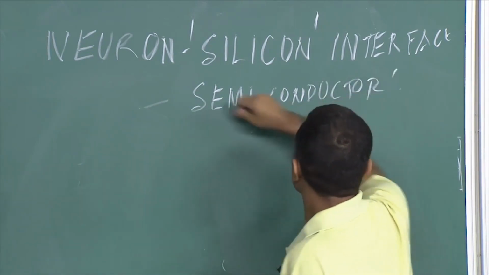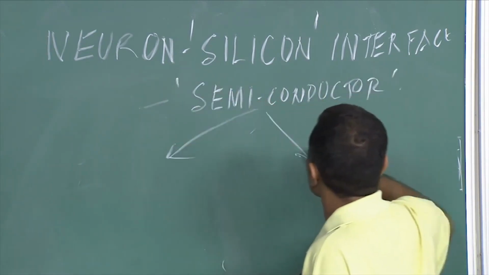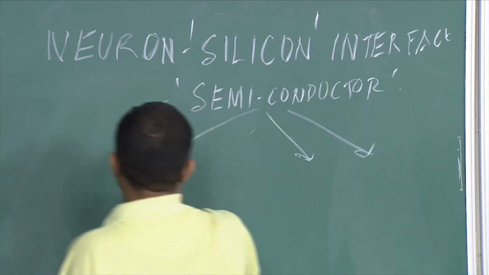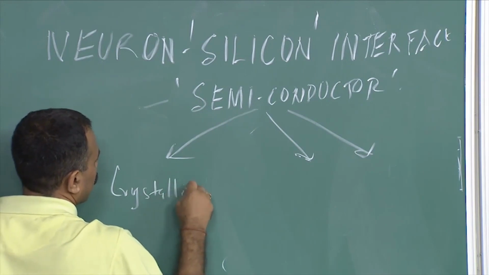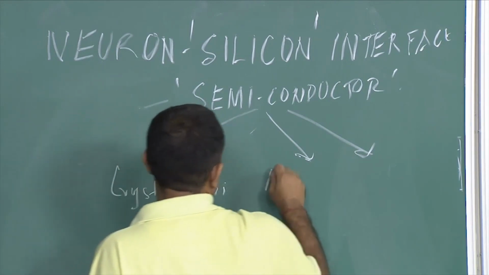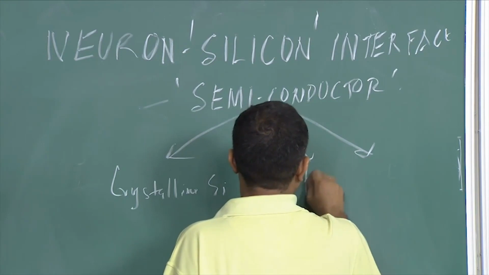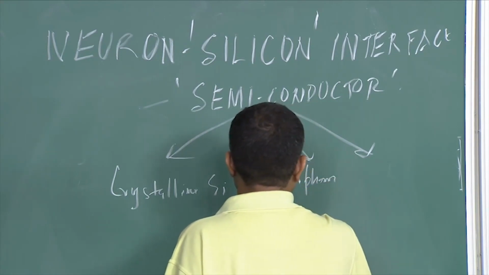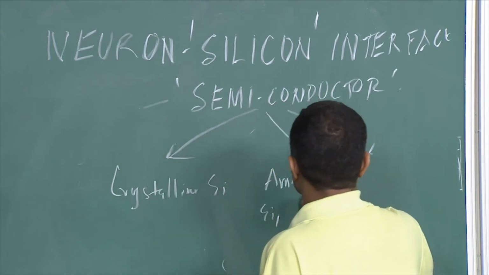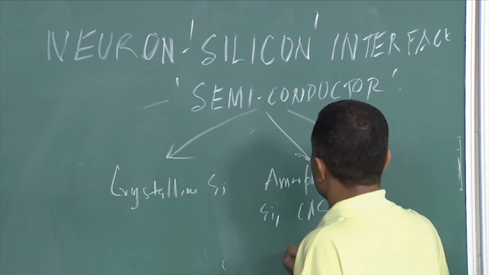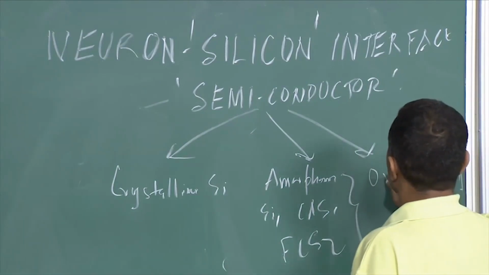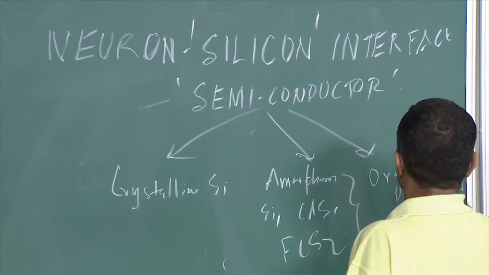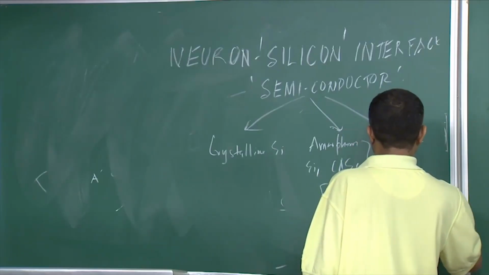Okay? And this will include everything: you will have crystalline silicon, amorphous silicon, then you have cadmium sulfide, then you have FeS2, all the different sulfides and everything, then you have organic semiconductors and everything.